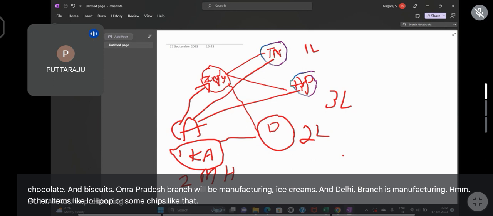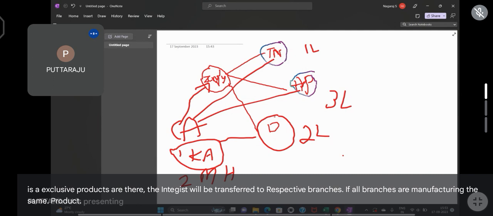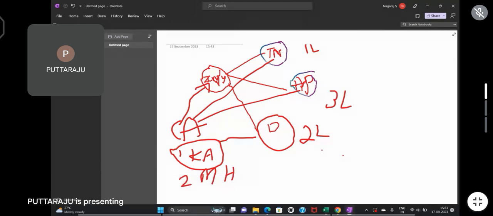If advertisement is given by the head office for all these products, where there are exclusive products, the entire GST will be transferred to the respective branches. If all branches are manufacturing the same product, in that case the GST will be distributed to all those branches proportionately with respect to turnover. Understood, guys?